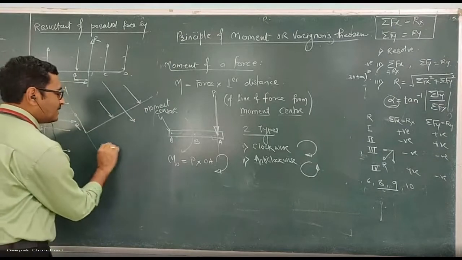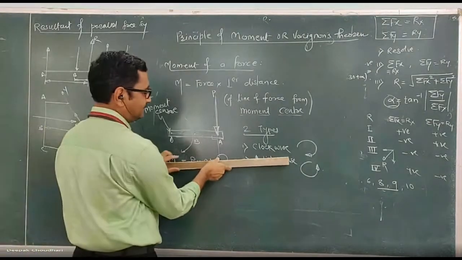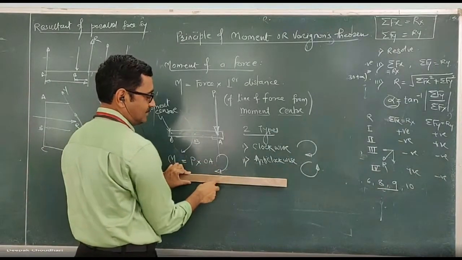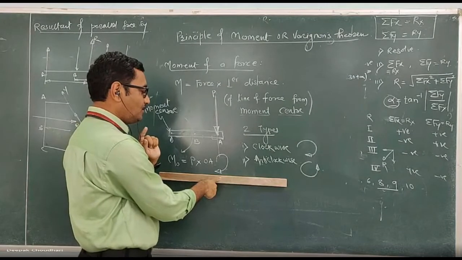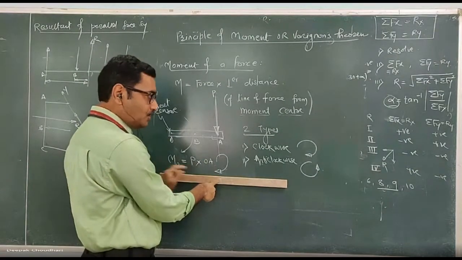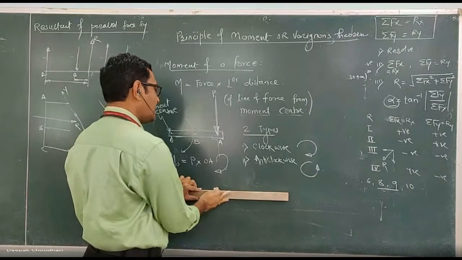Now the same force produces a different effect. For example, suppose this is the body, and I am going to study the moment produced by this force, and let the force P be acting at the middle.